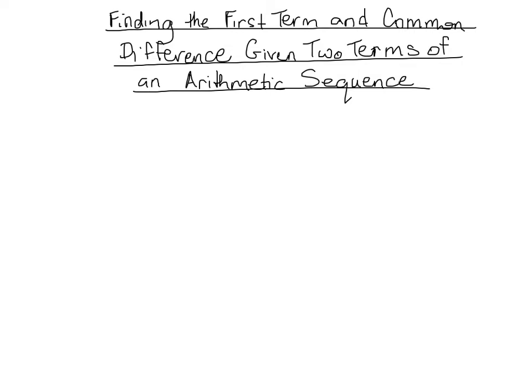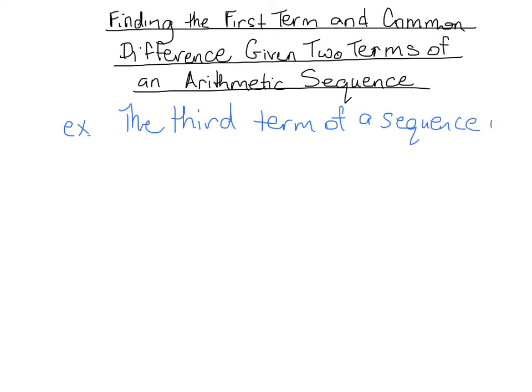Okay, cool. So let's say, for example, we have a sequence and we're given the third term. I'm going to write it in words because you may see it in words. So the third term of a sequence is 13, and the eighth term is 28.